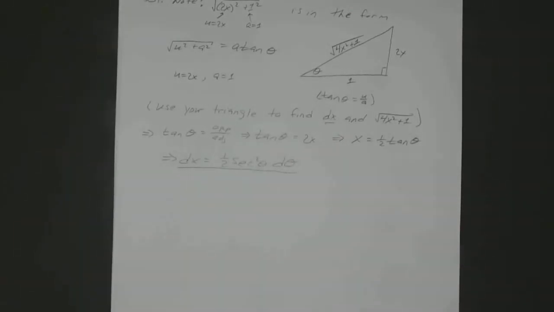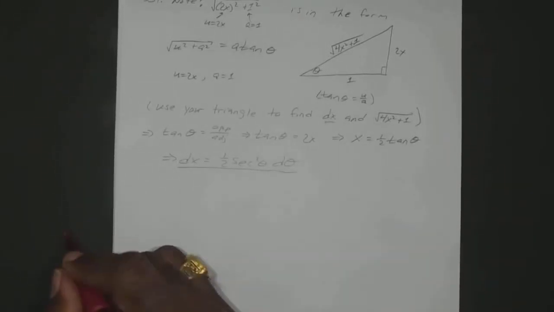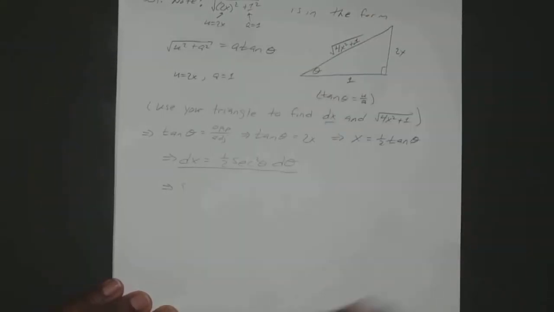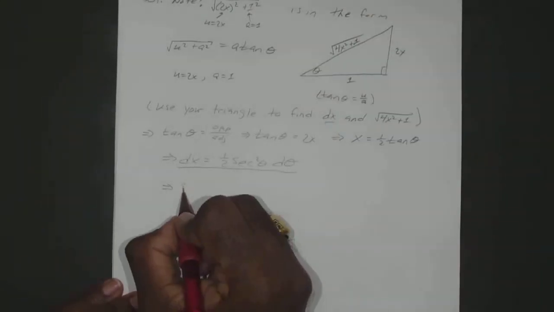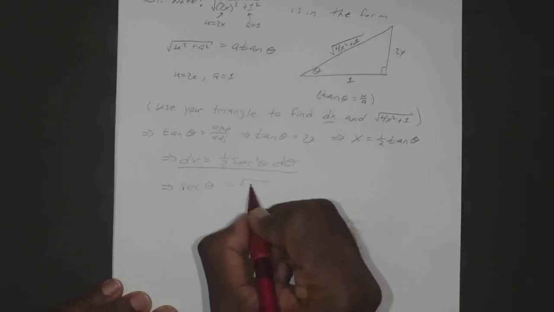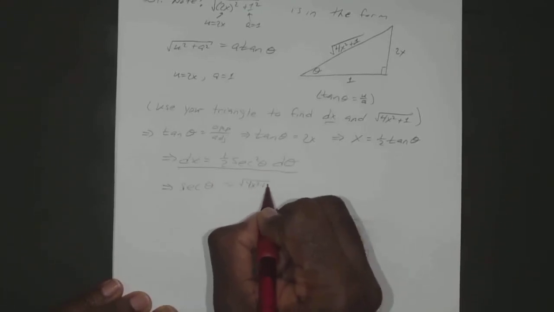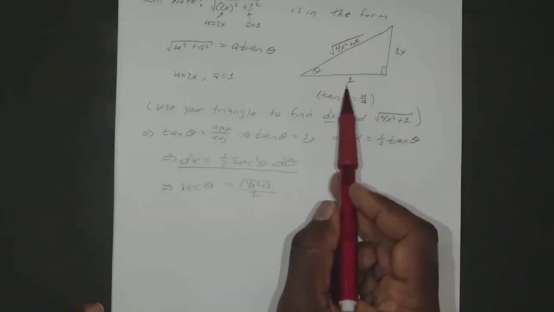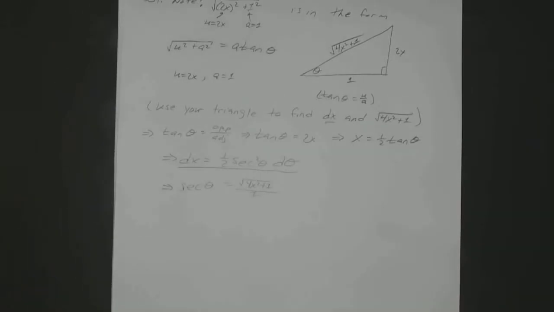Okay, so now we have to find our square root of 4x squared plus 1. Secant theta equals square root of 4x squared plus 1 over 1. Remember, cosine is adjacent over hypotenuse, so secant is hypotenuse over adjacent, square root of 4x squared plus 1.